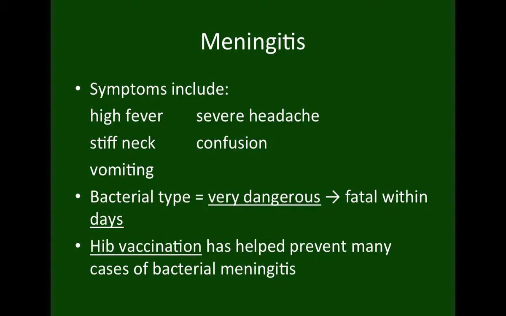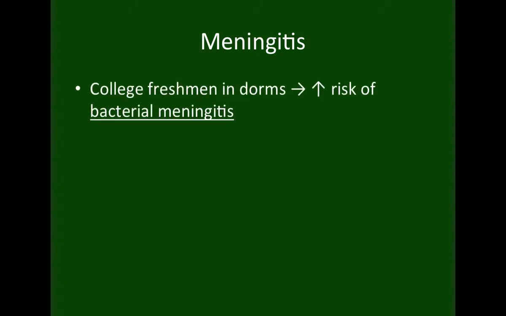The other population that is very subjected to meningitis are college freshmen, because you live in what's called high density housing. A lot of people, small space, and you're together 24/7. If you're living in the dorms, when you're sick, you don't go home, you go to your bed in the dorm. You tend to have a higher risk for bacterial meningitis simply because of the close quarters and how contagious it can be.